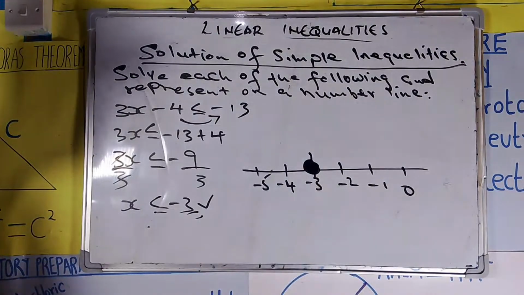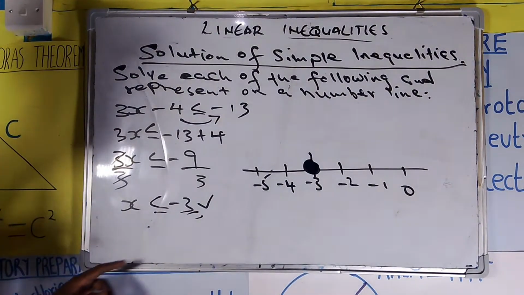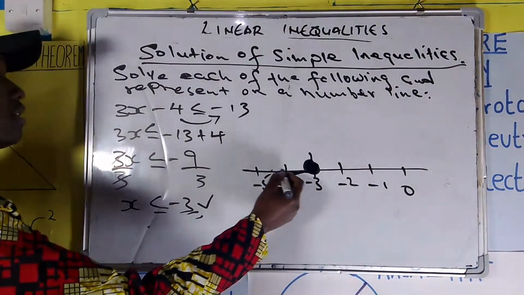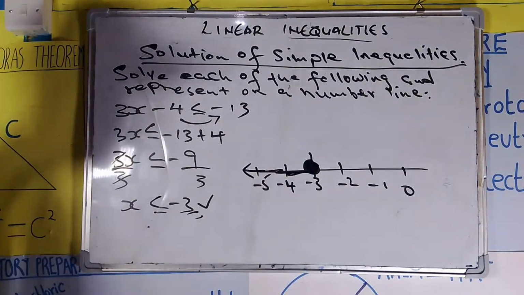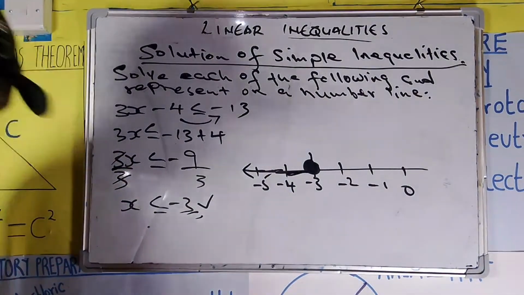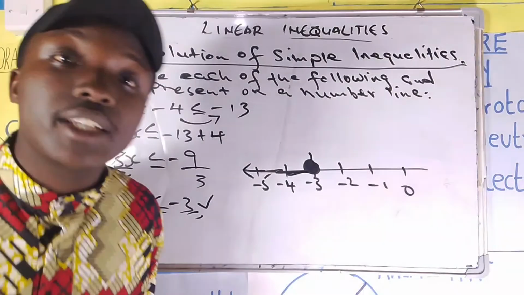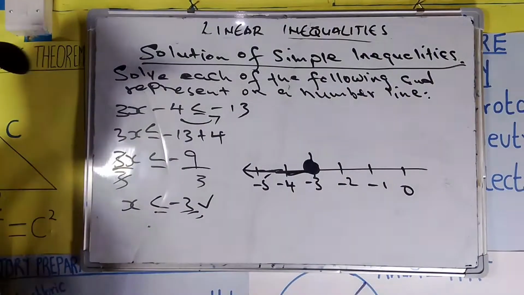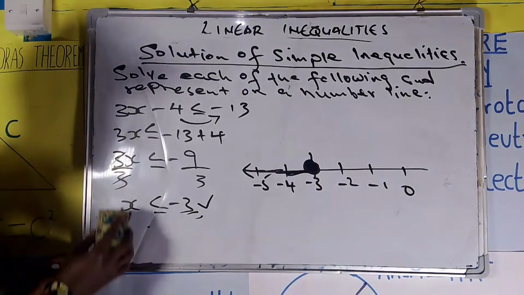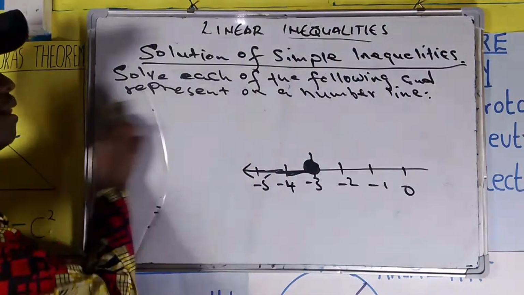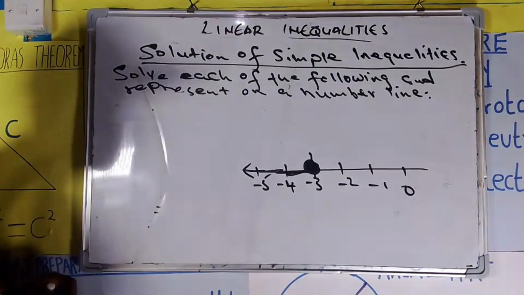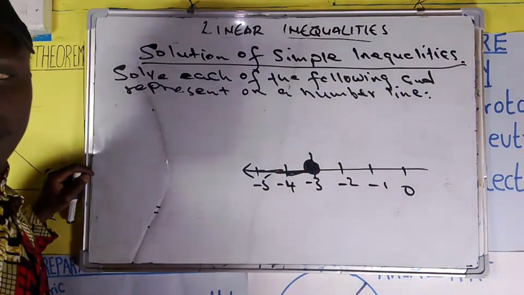Tumeshade kwa sababu hii ni less than or equal to. So tunataka anything less than negative 3 zitakuja hivi. Na tunamaliza. Inaisha hivyo. Tuendelee.